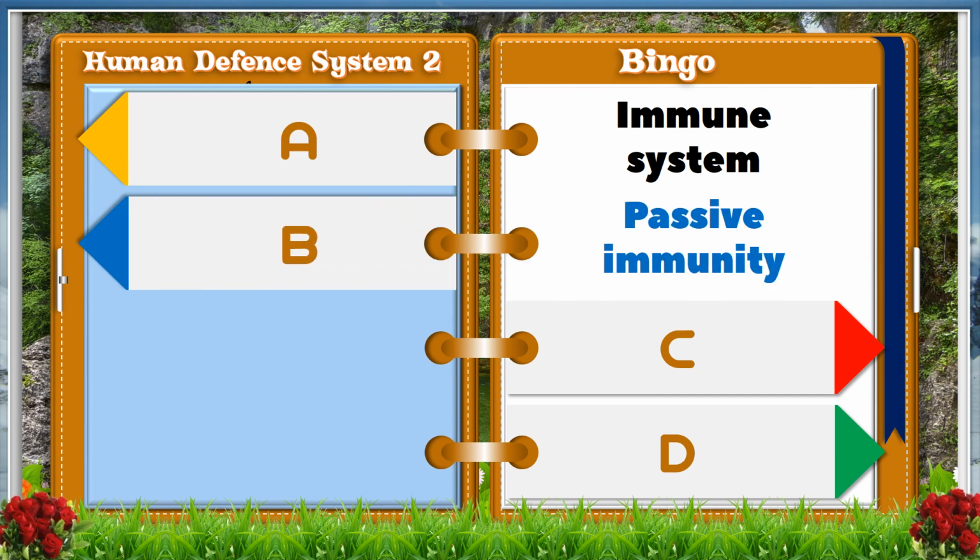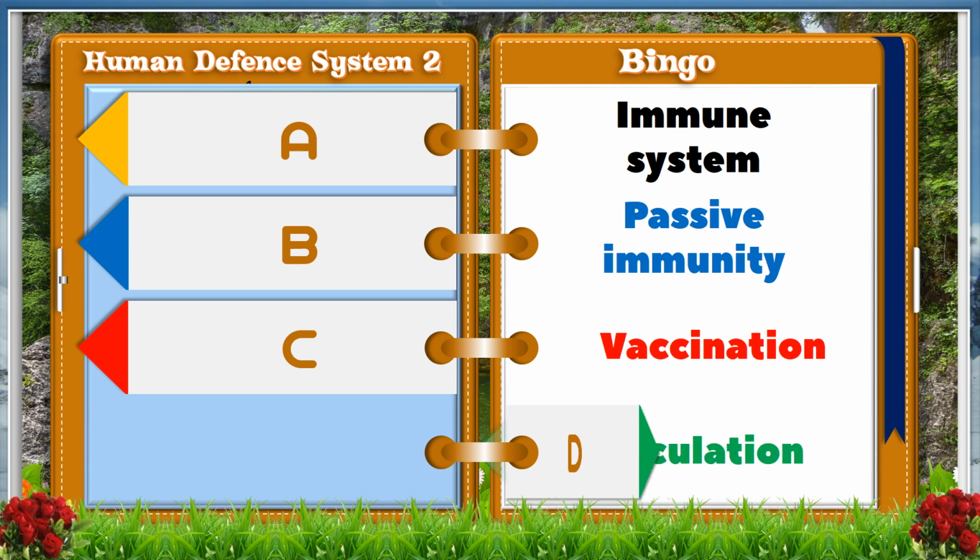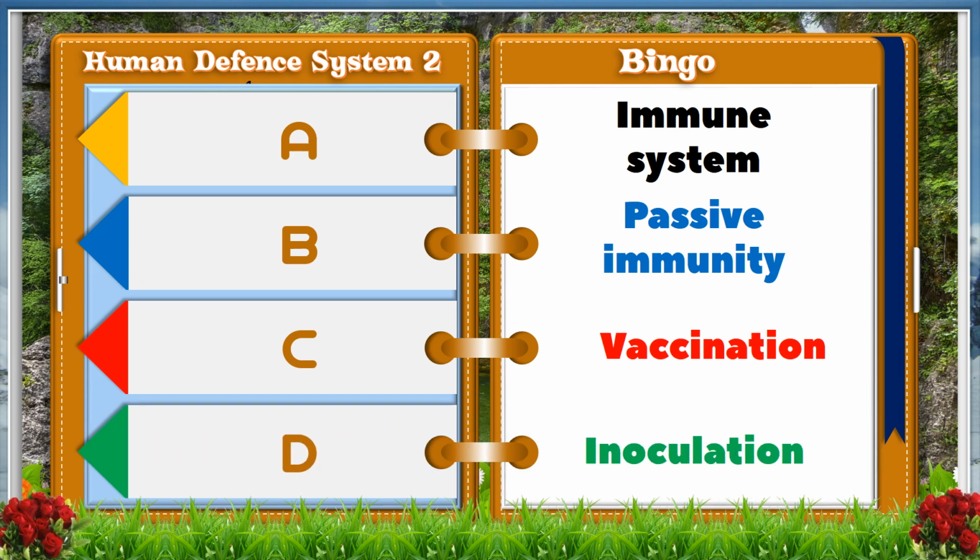B. Passive immunity. C. Vaccination. D. Inoculation. And the answer is C. Vaccination.